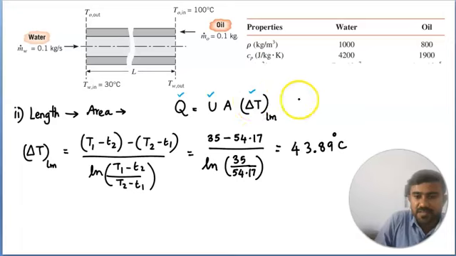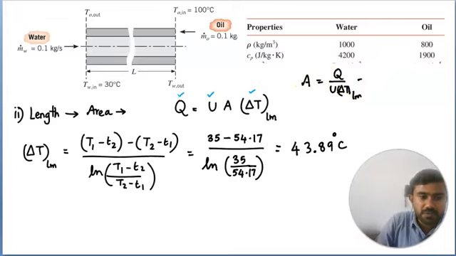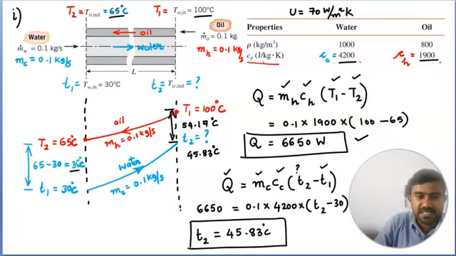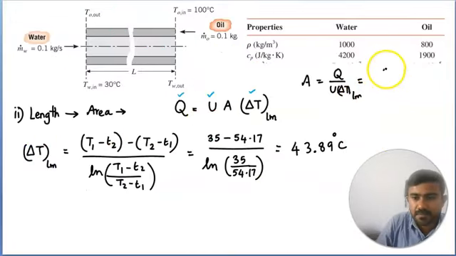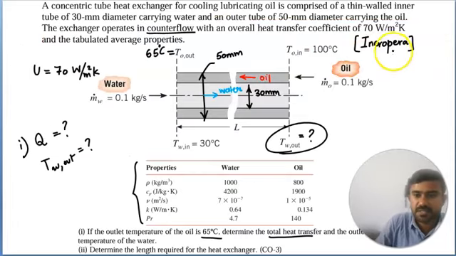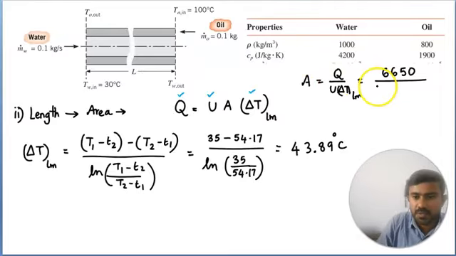Now we can find the heat exchange area. The area is Q by U into LMTD. Q, we have found it as 6650 watt. The overall heat transfer coefficient in the problem is given as 70. U is 70, and LMTD we just found out, it's 43.89.